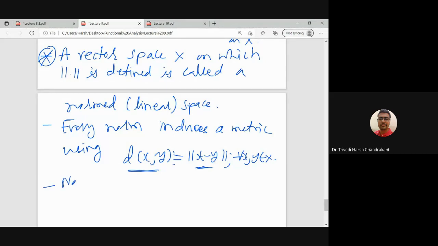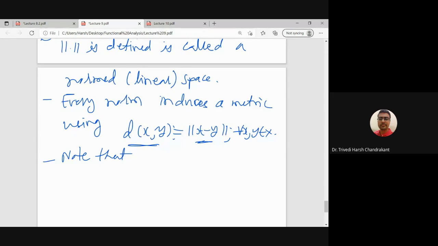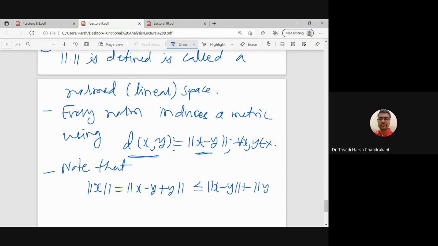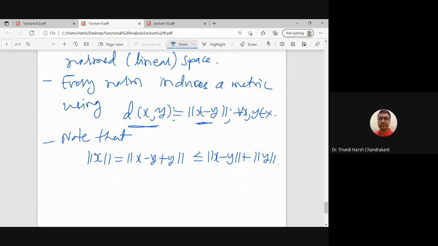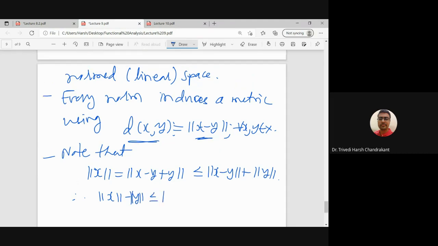So note that if you take any vector, norm of x, we can write it as norm of x minus y plus y, and then we can use the triangle inequality. So what we get is norm of x is less than or equal to norm of x minus y plus norm of y.